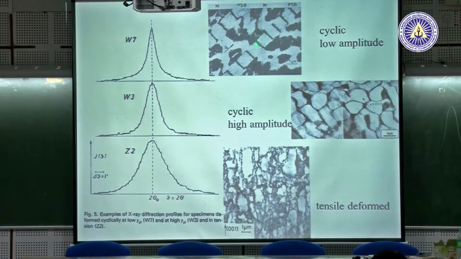Here, the amplitude of the fatigue experiment was small. With small amplitude, you get the persistent slip band structure, PSBs. Okay? If the amplitude in fatigue is large, then immediately you end up with a cell structure.